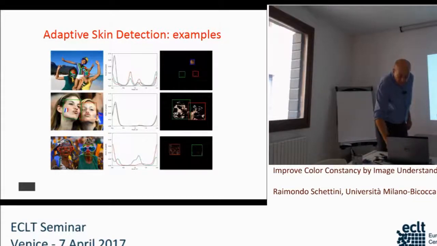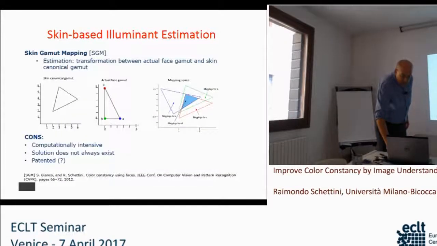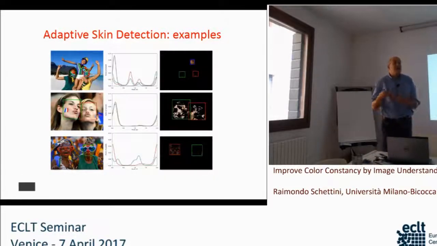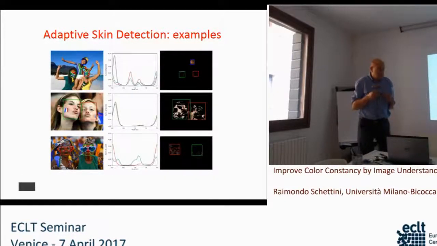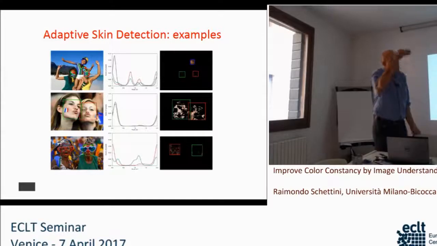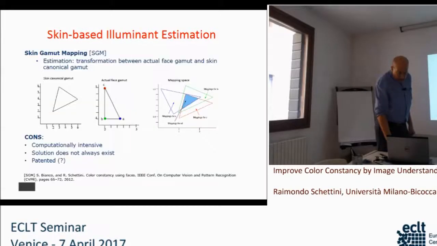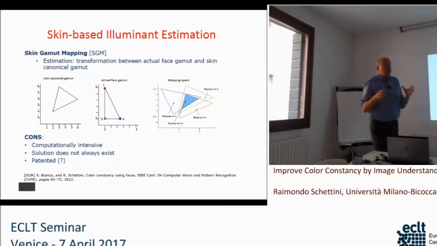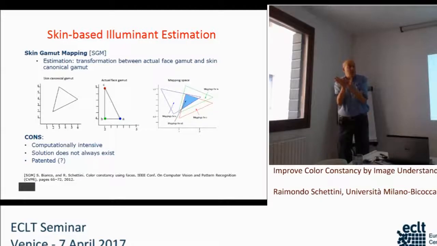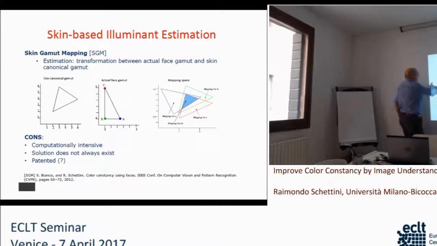So in practice, we have an unsupervised classification. We use a scale space approach for finding the best peak. We associate this to the skin, and since we have modeled the skin, the set of possible skin under different illumination, we apply a gamut mapping algorithm for finding the color of illumination.